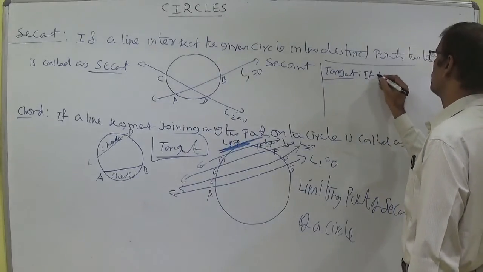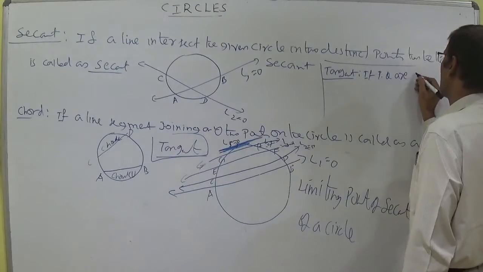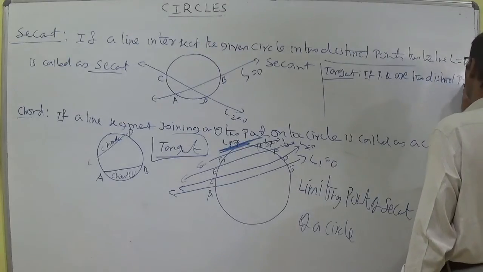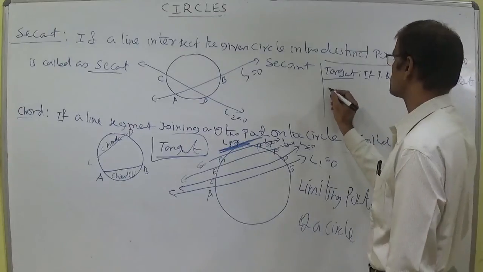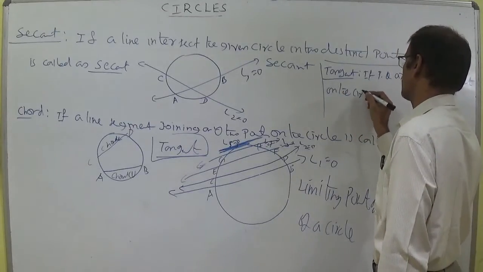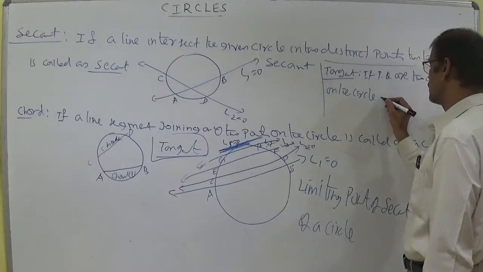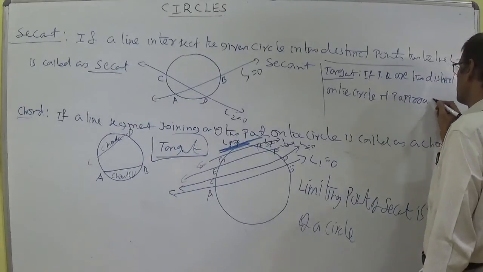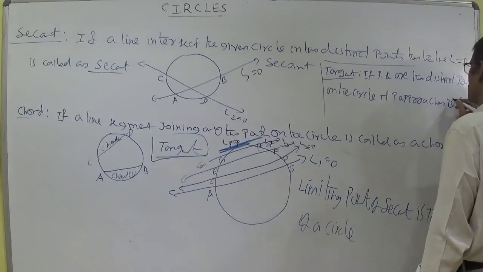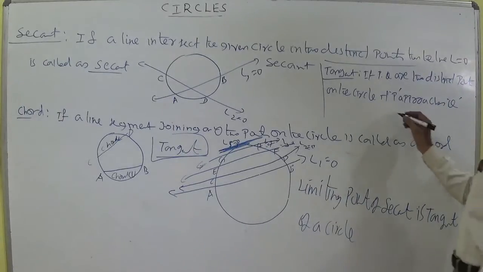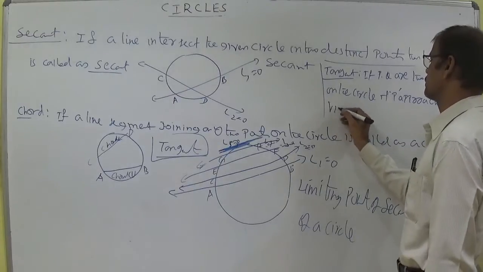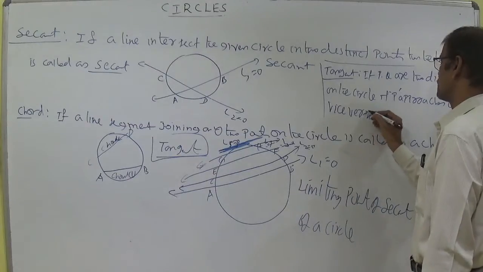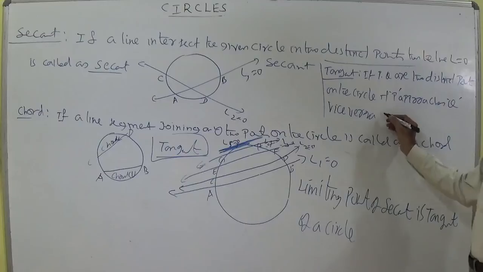If P, Q are two distinct points on the circle, if P approaches Q and Q approaches P, otherwise vice versa we can write.